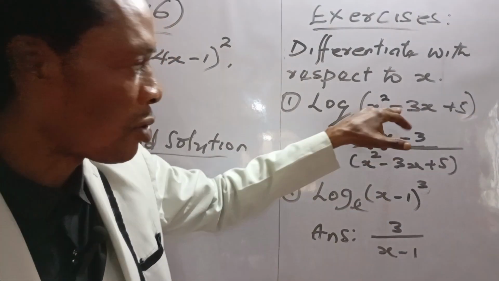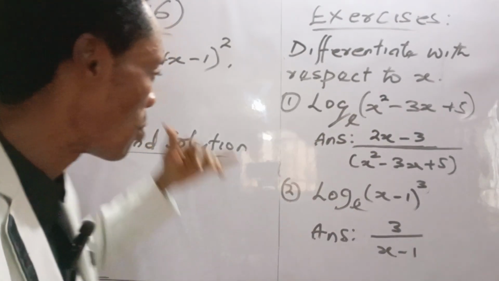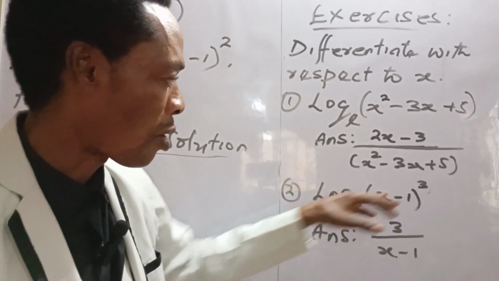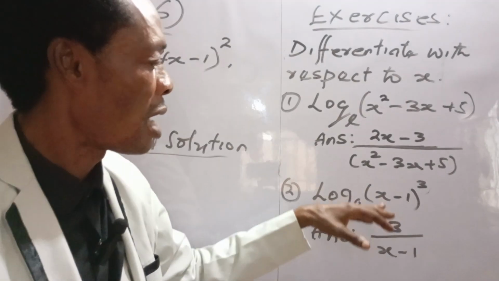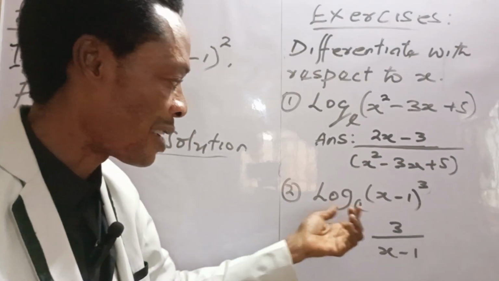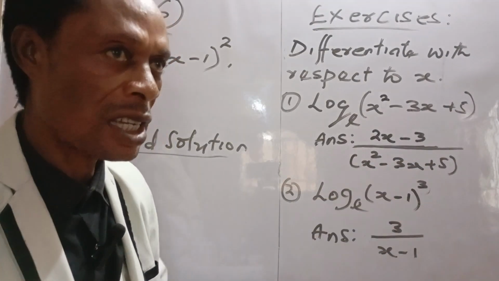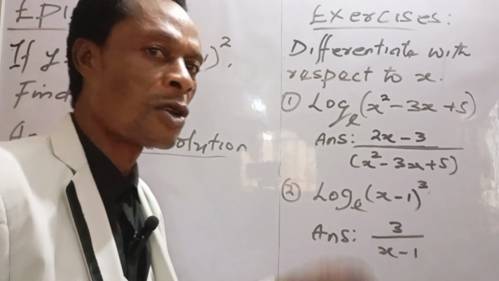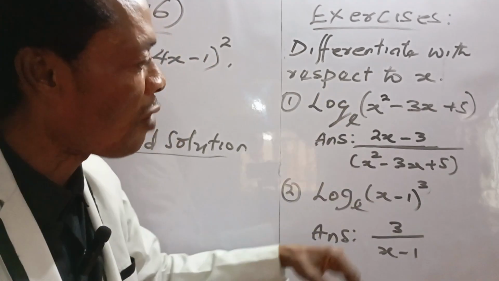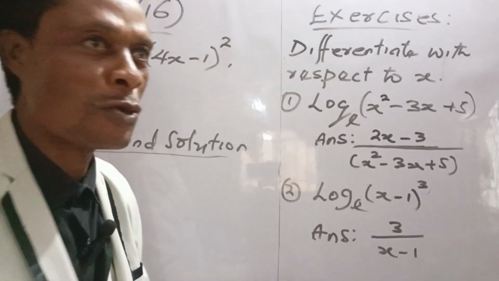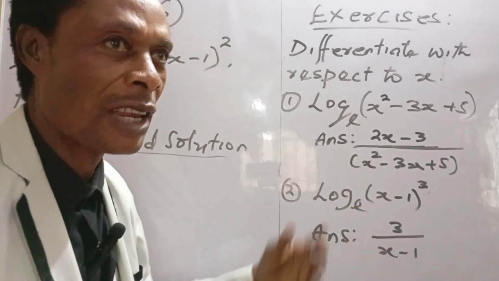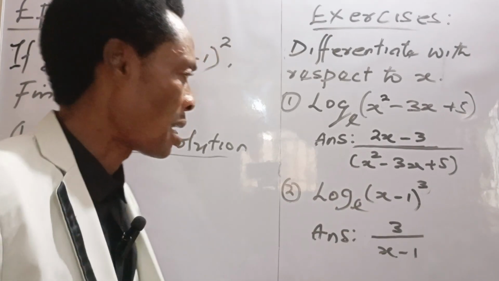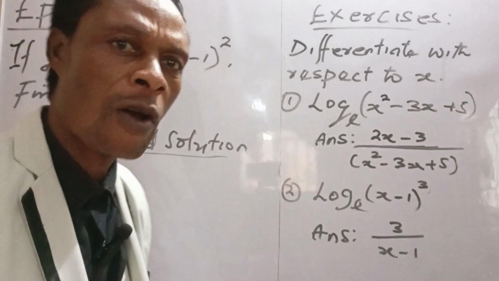This is the answer to this, so you have to solve it after you have gone through this. Then log of (s minus 1) raised to the power of 3, base e. I will be testing you with this. By the time you solve it and you are able to get it, you mark yourself good. Starting from now, it will make the teaching more interesting.